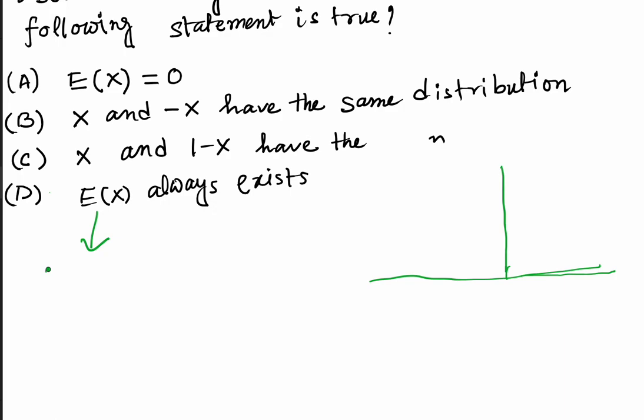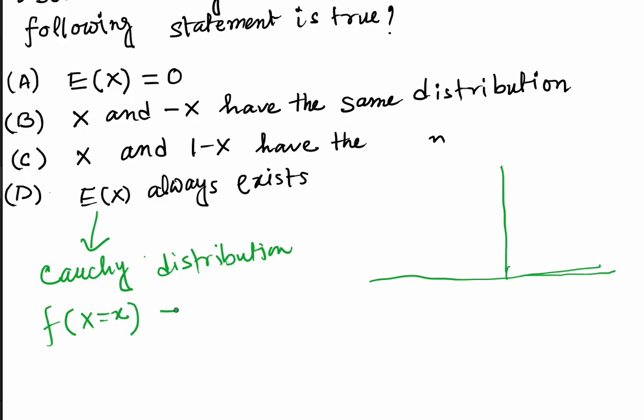The example is the Cauchy distribution, whose PDF is f of x equal to 1 by pi gamma times 1 plus x minus x0 by gamma, whole square.